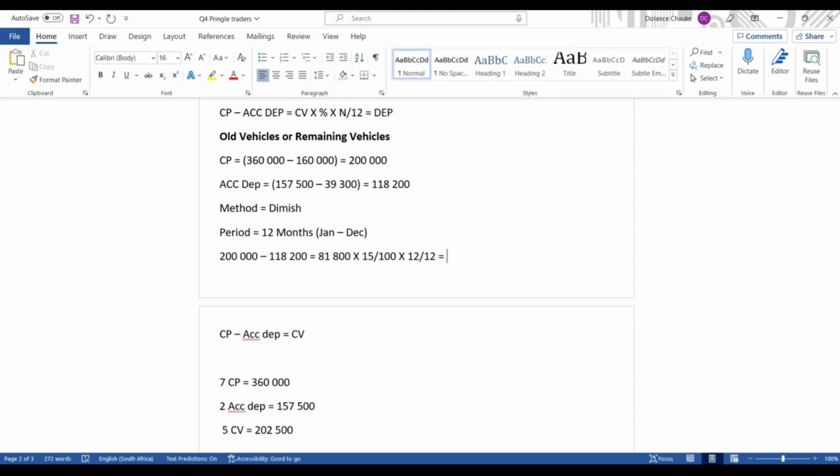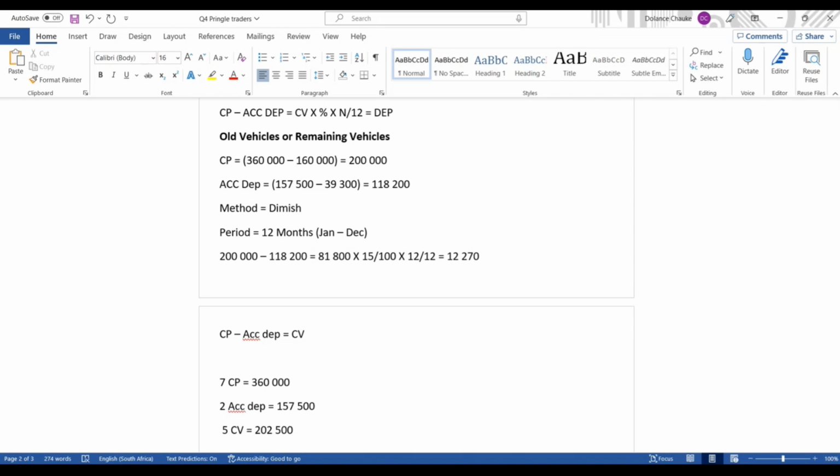It says 12,270. That's correct. Everyone is getting that, then we are right. Now we are happy. We are done with the disposed vehicle and then the remaining one. We are done with the calculations of the depreciation. Are we fine?